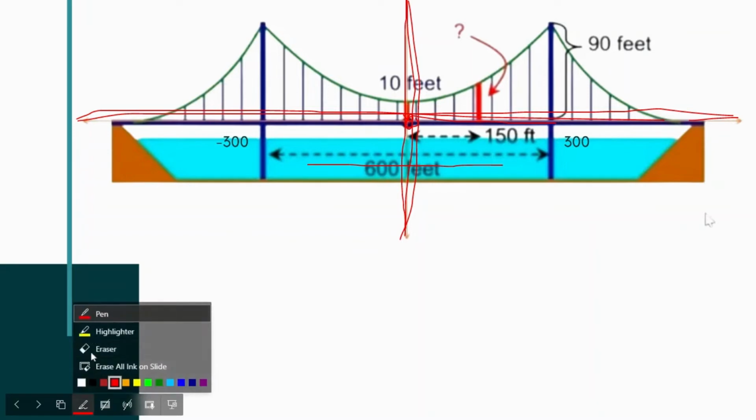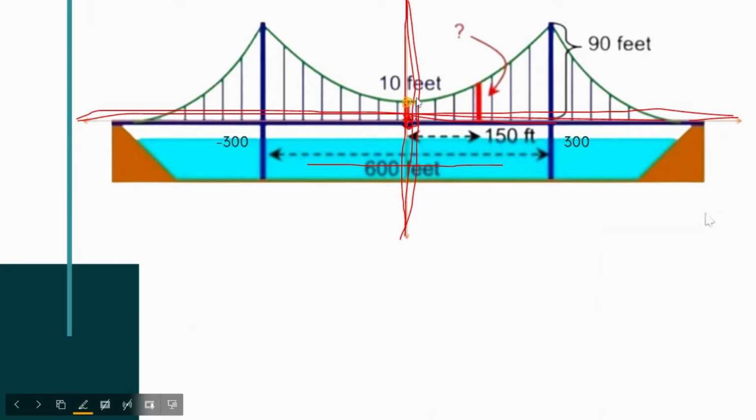This point is our vertex, because our vertex is found above the origin. Our vertex is (0, 10), and we have another point here, which is 390.